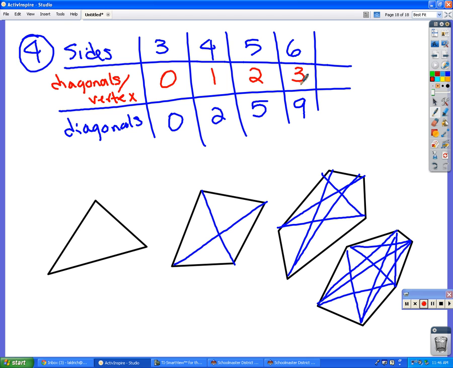So hopefully you guys can see that if the number of sides is some number n, how many diagonals per vertex am I going to get? What's the relationship between these and these? 3 less. 3 take away 3 is 0. 4 take away 3 is 1. 5 take away 3 is 2. 6 take away 3 is 3. So that's going to be 3 less, or n minus 3.